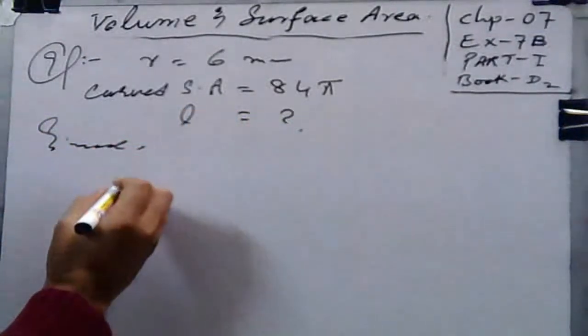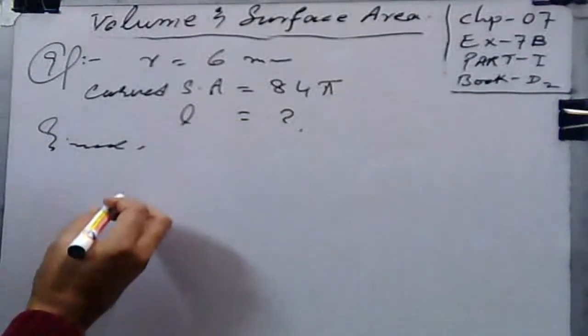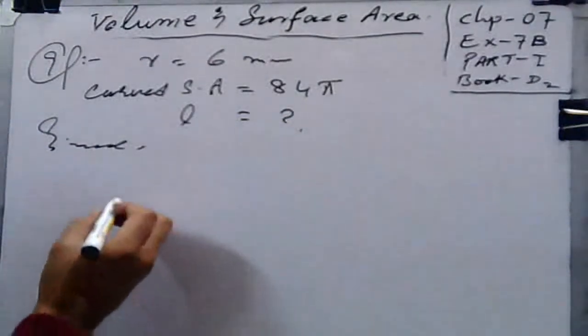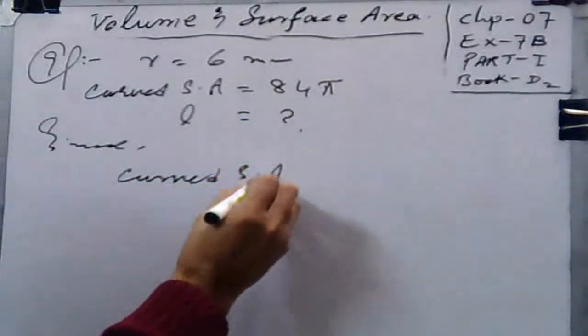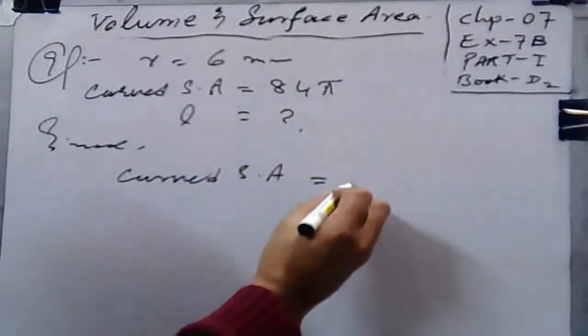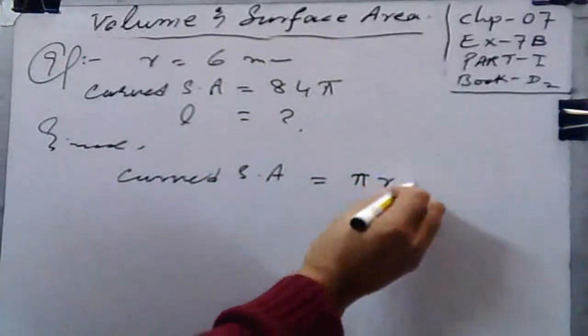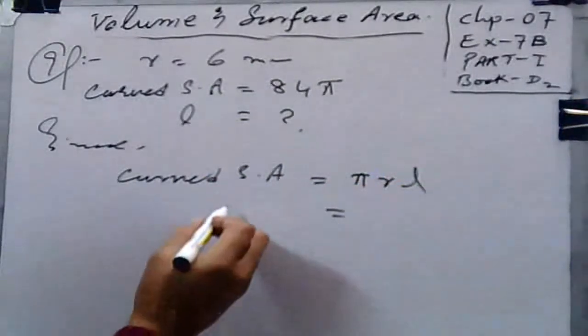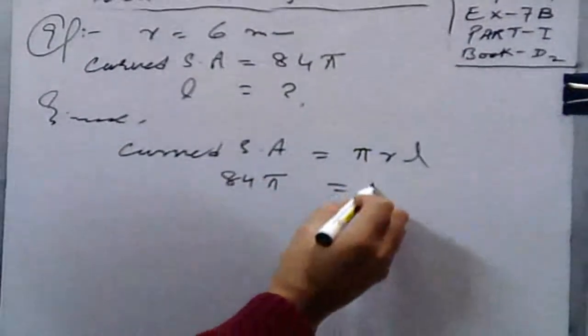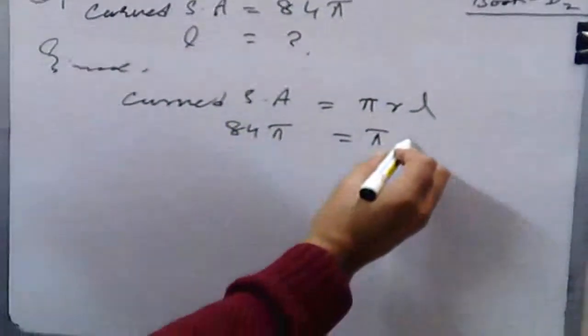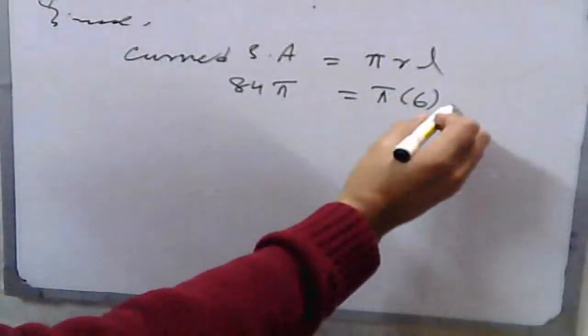Since we have a formula, that is curved surface area is equal to pi RL. It is given to us that curved surface area is 84 pi, and the value of R is 6, and we have to find L. This pi will be cancelled with this pi.